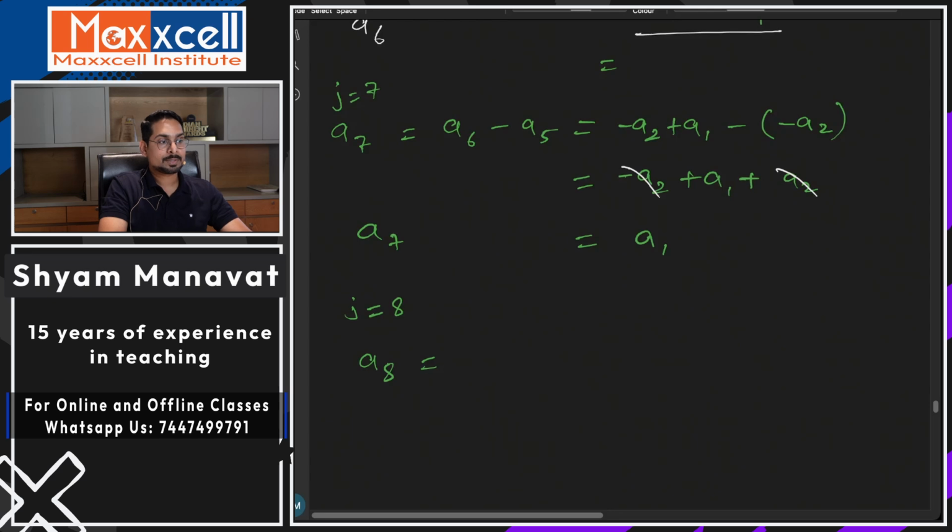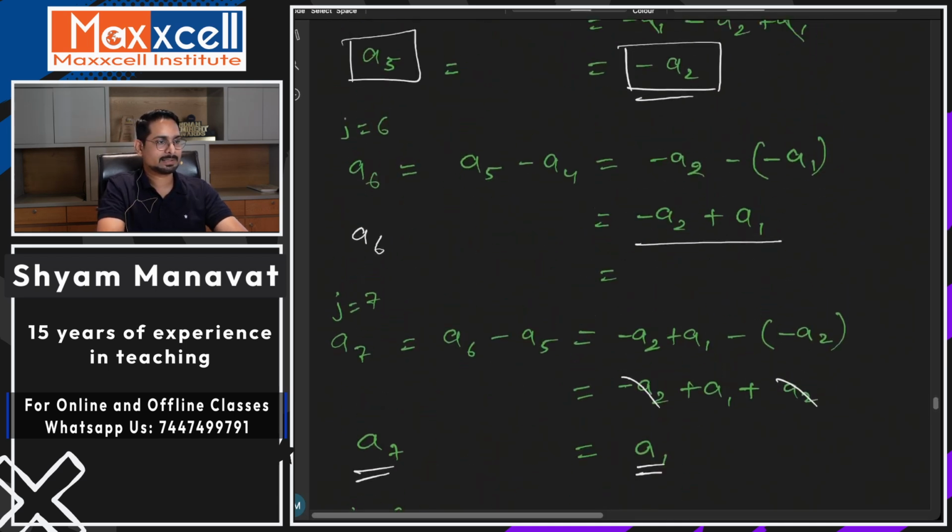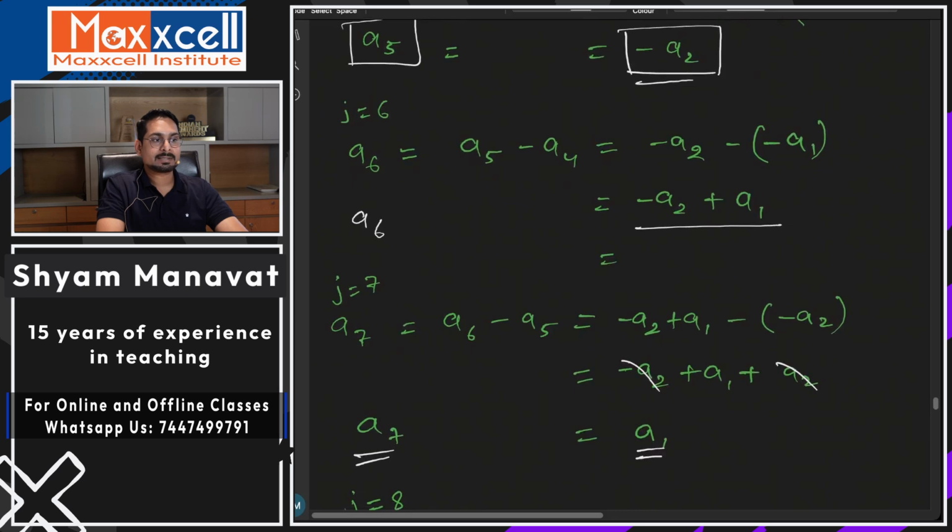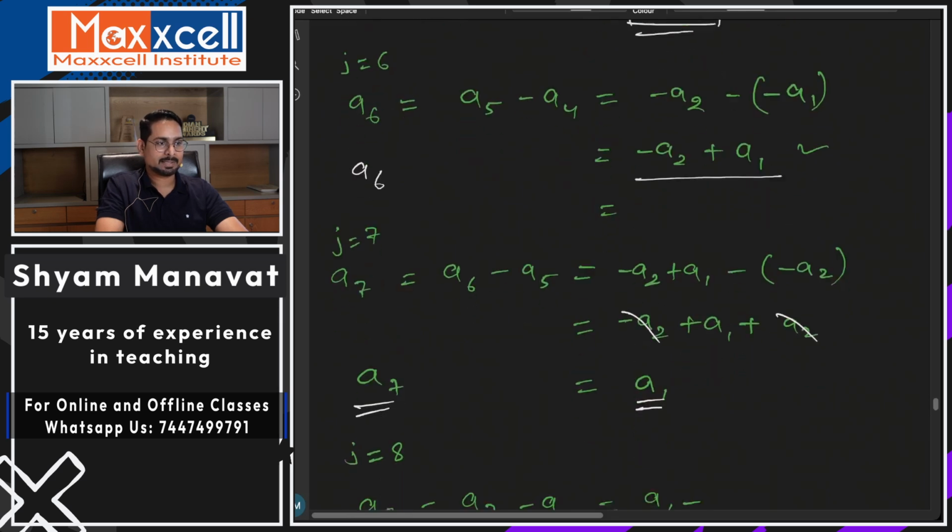You want to see that? So A8 is what? A7 minus A6. Do you agree? A7 is what? Equal to A1. Here. A7 is A1 minus A6. What is A6? Look, A6 was how much? Minus A2 plus A1. Okay?